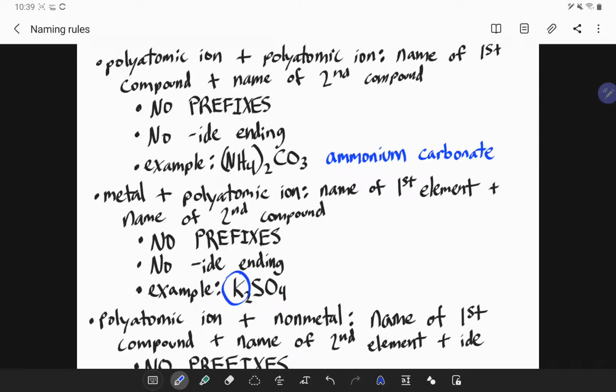So we're going to identify this. We have potassium here, and we have SO4, which is sulfate. So potassium sulfate. We have identified the first element and the second compound, and we have now solved this question. Potassium sulfate. That's all it is.